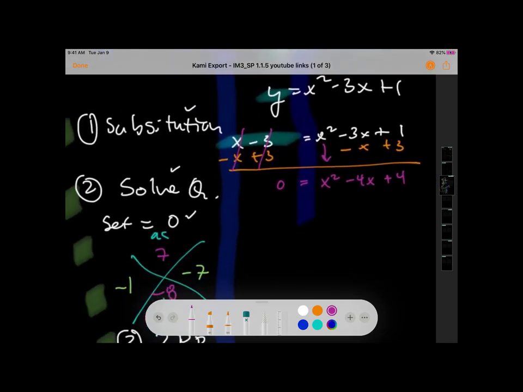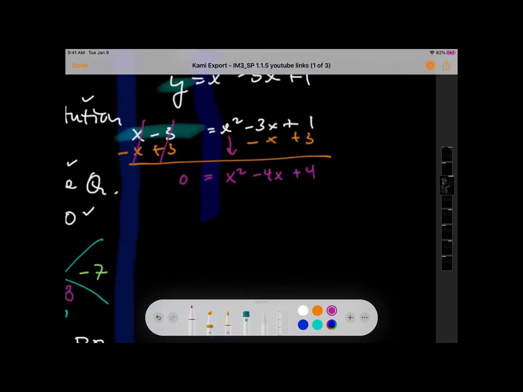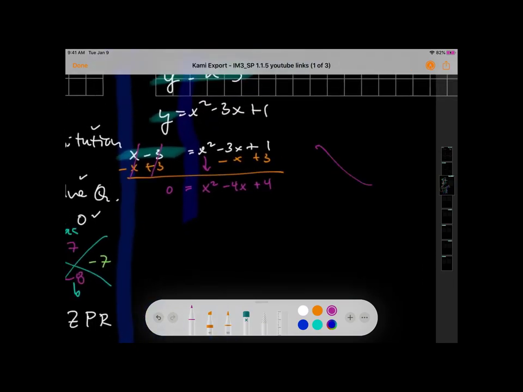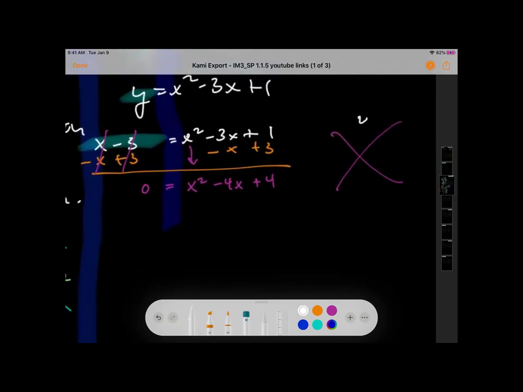And again, we're trying to solve this quadratic. So the best way of solving is by using factoring. So let's see if we can factor this. Super happy, right? A times C is 4. My B value is negative 4. My two numbers that multiply to be positive 4, but have to add to be negative 4 would be negative 2 and negative 2.